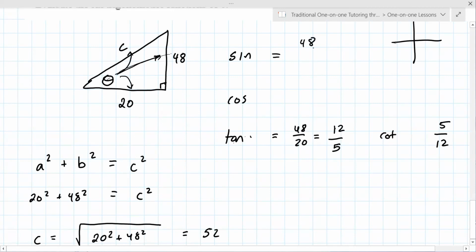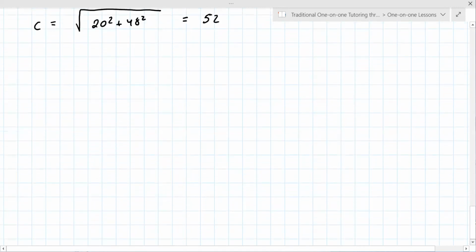So that's 48 over 52. And you should reduce that. 12 over 13. 12 over 13, yeah. And does that get you down to the right answer? Yes, it should be B. Okay. All right. Now on to the next one.